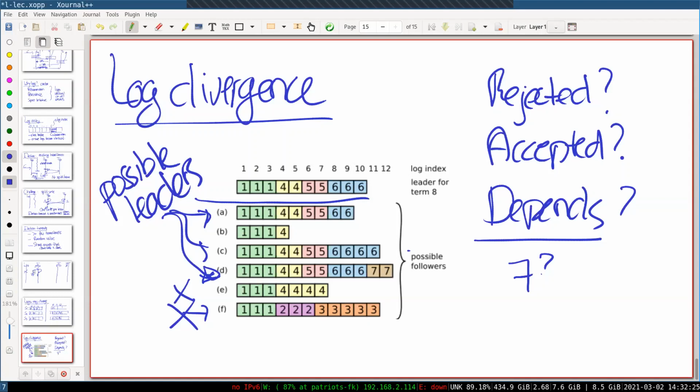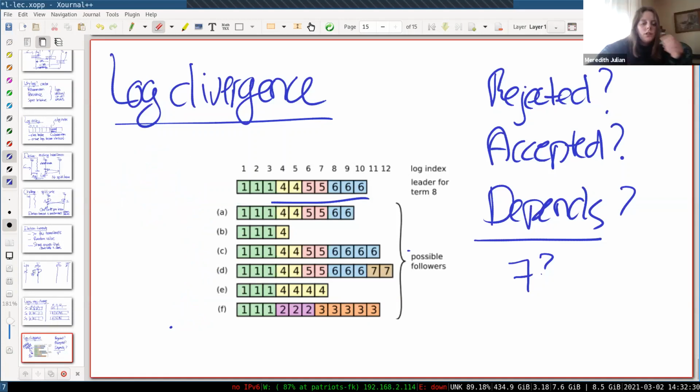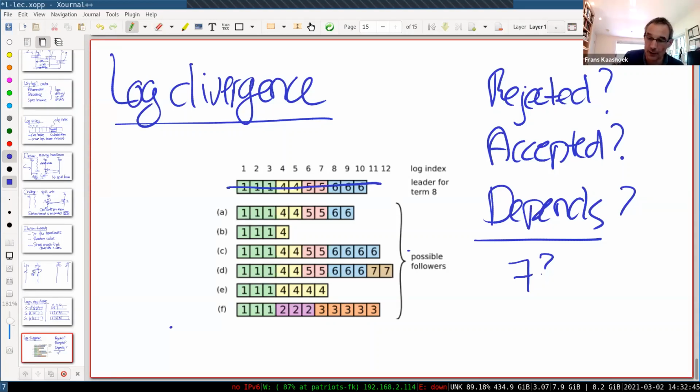So in this case, was D a leader in term 7 who got disconnected and then the new leader got elected, the one at the top? Yeah, I think so. Actually, let me take that back. I don't really remember exactly the sequence. I presume that is the case. It does say that is leader for term 8 at the right of the log.